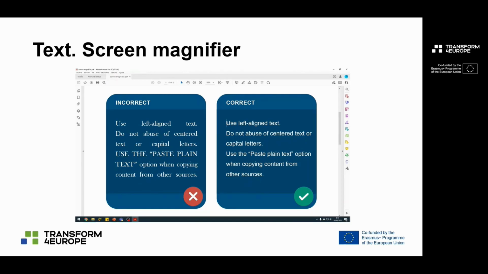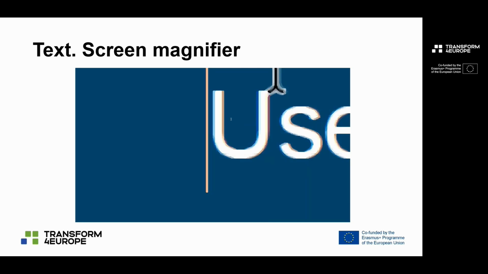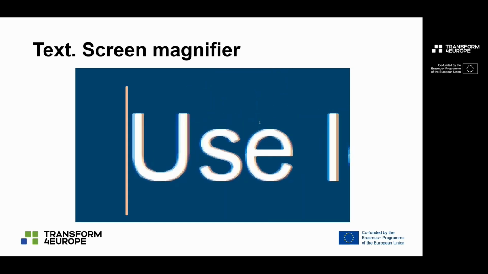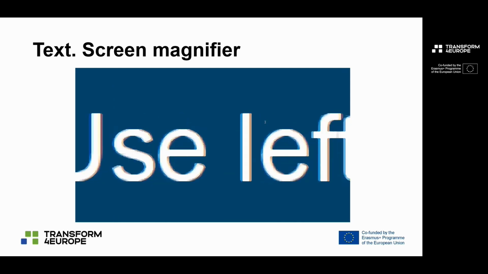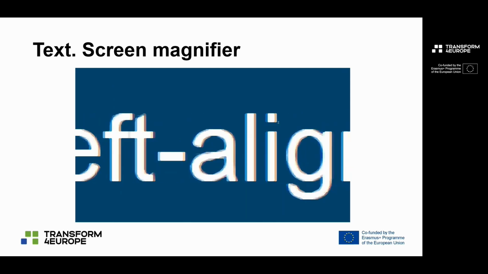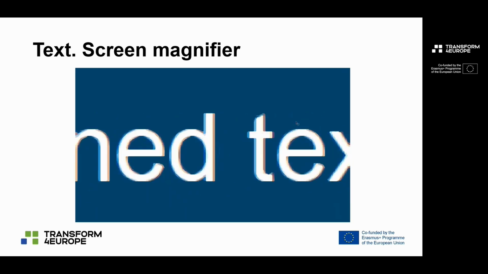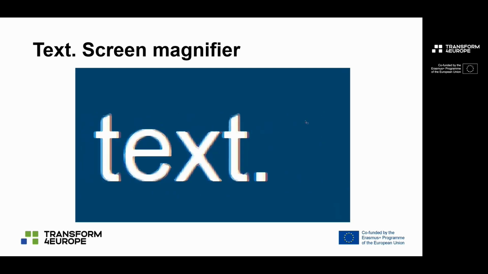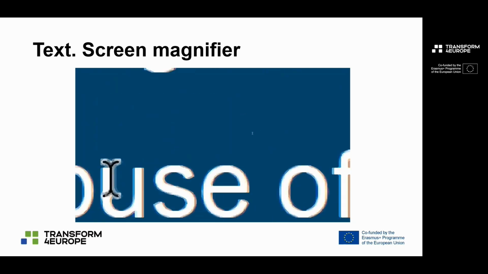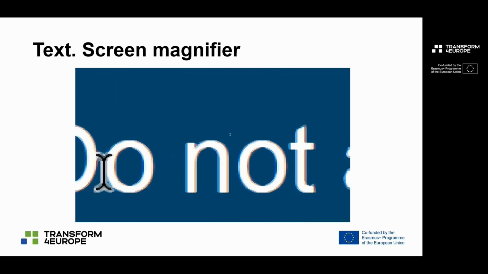Now we are going to see what happens if we use the screen magnifier on the correct text. As you can notice, it's a relief reading a sans serif font with clear letters, appropriate space between words. It makes a big difference.